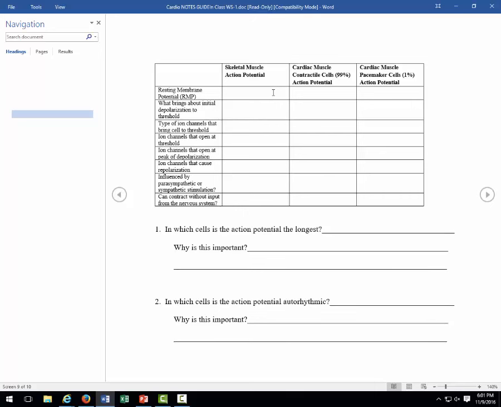So what brings about the initial depolarization in skeletal muscle? What stimulates skeletal muscle? Action potential in a motor neuron, right? Action potential in a motor neuron. What stimulates cardiac muscle cells? Or what brings about depolarization?